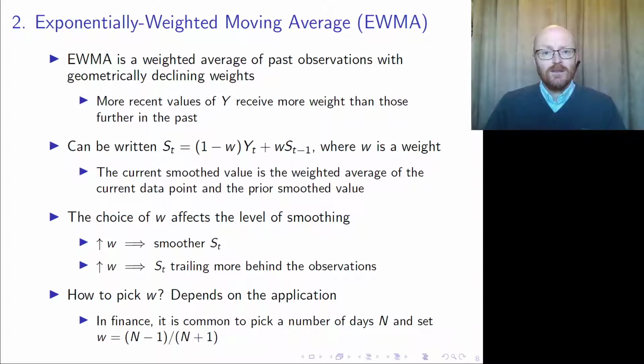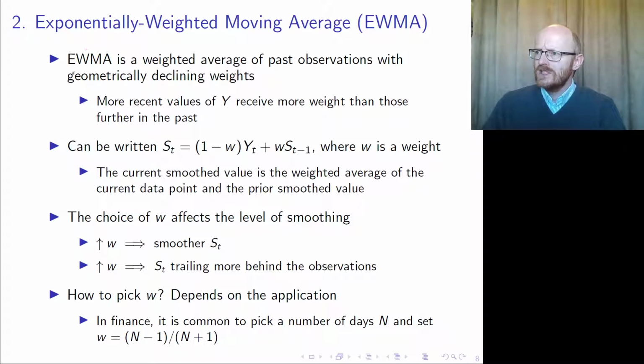Okay, so what about the exponentially weighted moving average? The exponentially weighted moving average is a weighted average of past observations with geometrically declining weights. And what is that?